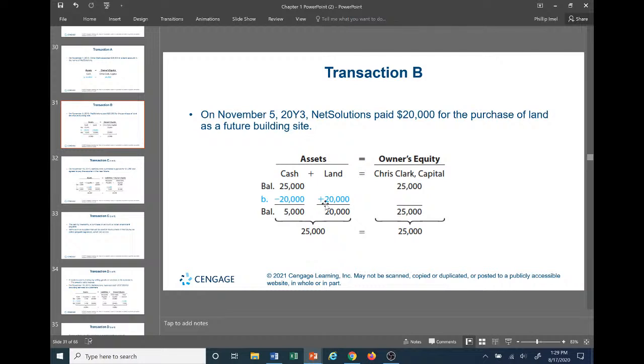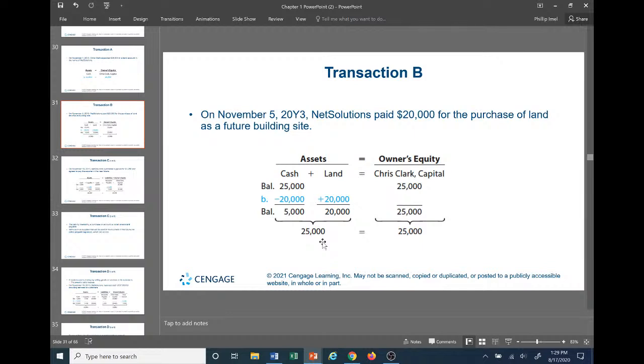We purchased the land for $20,000, so we're going to record another asset on the books of $20,000. But see here, the overall effect with assets is unchanged. Assets still reads $25,000, even though we went through a whole other transaction and the composition of the assets has changed. Now there are two different types of assets. The overall amount of assets has not changed.